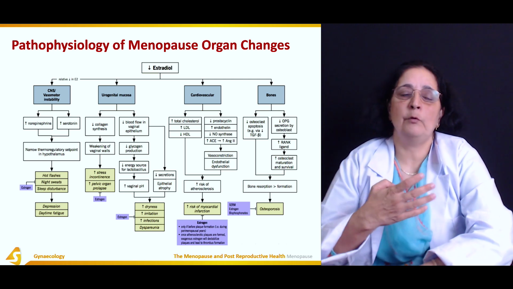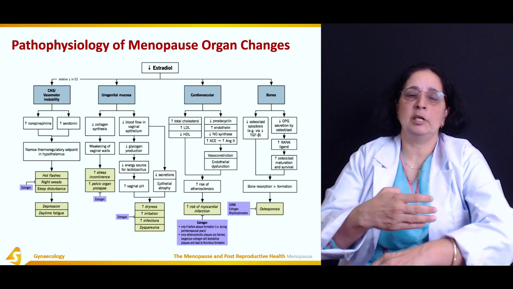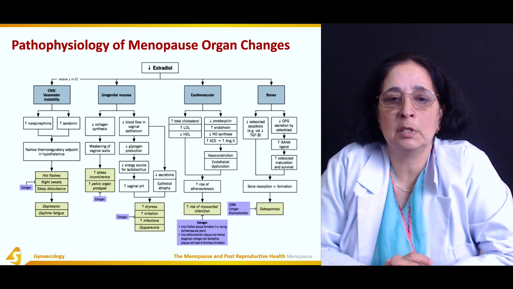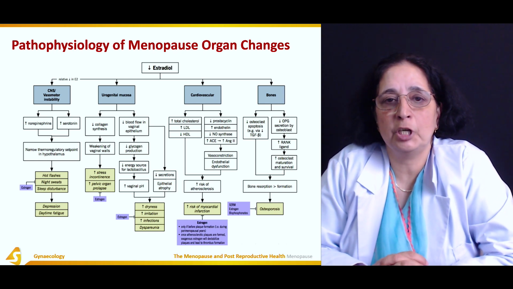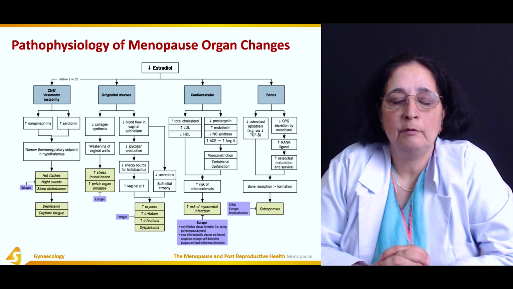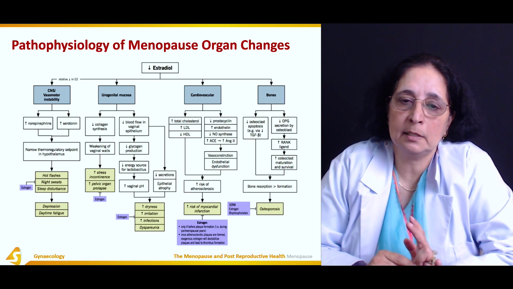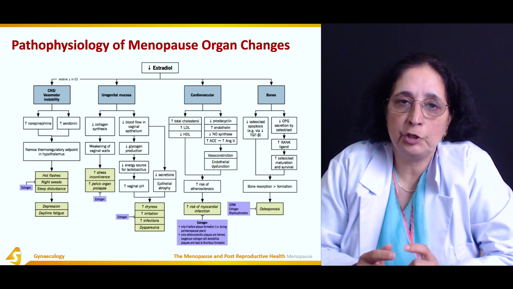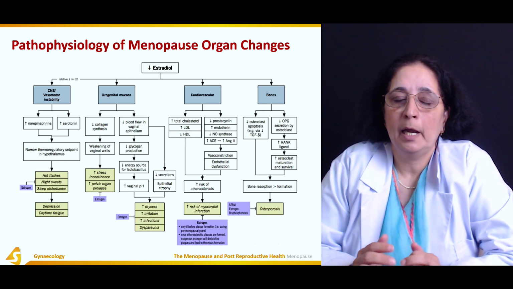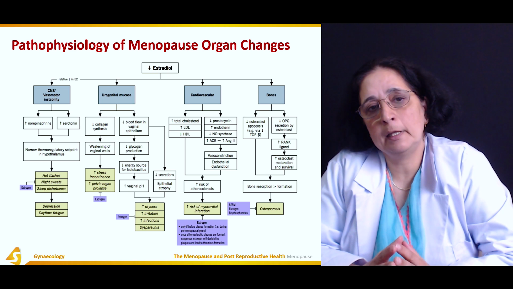So these are the four main organ systems in which there are different changes after menopause: the central nervous system and vasomotor system, then the urogenital mucosa, the cardiovascular system, and the bones.